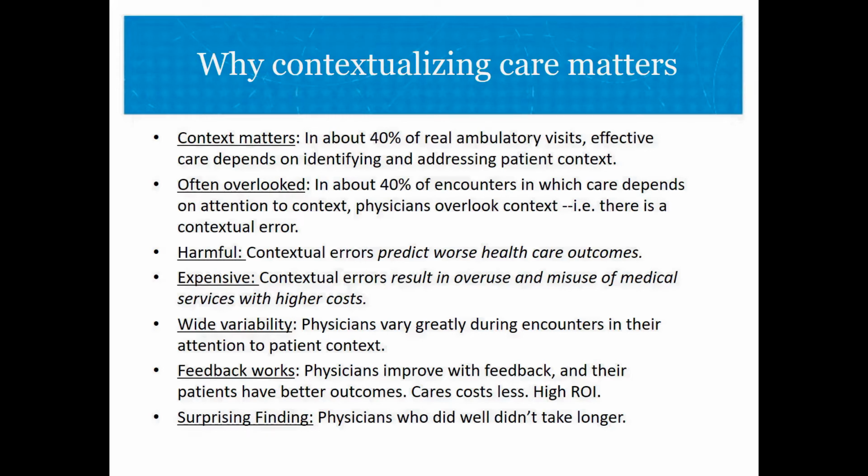We found that contextual errors predict worse healthcare outcomes and that they also result in overuse and misuse of medical services with higher costs. In addition, there seems to be wide variability among physicians in terms of their attention to patient life context. We've also found that physicians improve with feedback and their patients in turn have better outcomes.